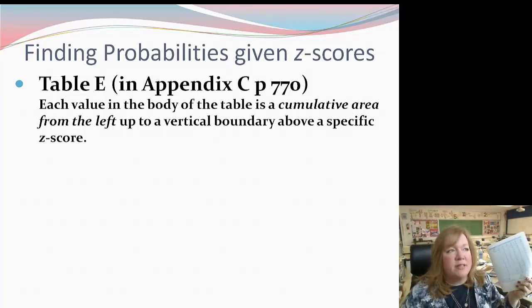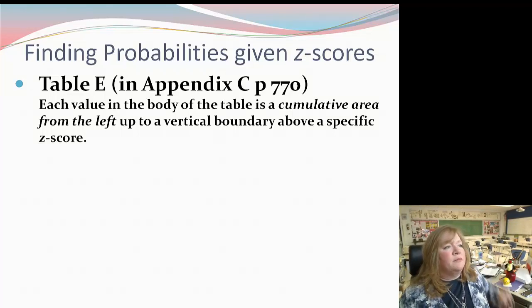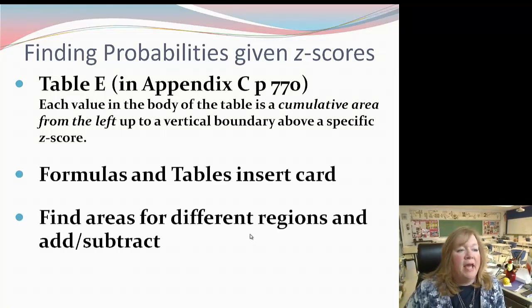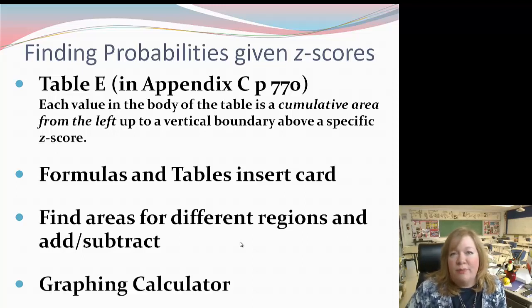If you have that one, it's the same table. You can also use the formulas table I just showed you, and you can find the areas for different regions and add or subtract. That's the idea of how to find the probabilities using the z-scores. Graphing calculators, I'll also show you how to do it with the graphing calculator.